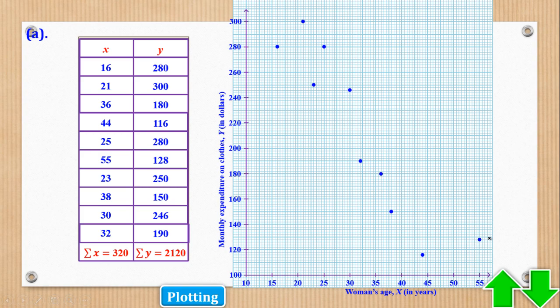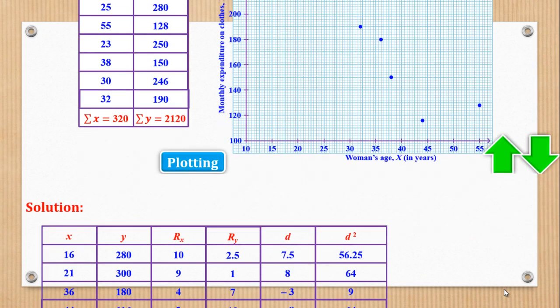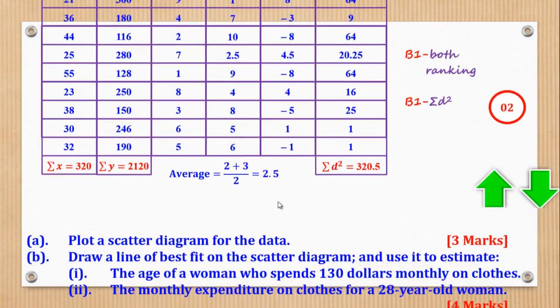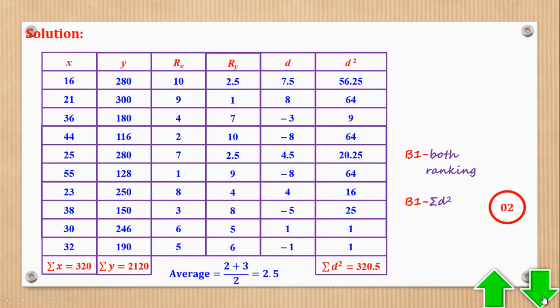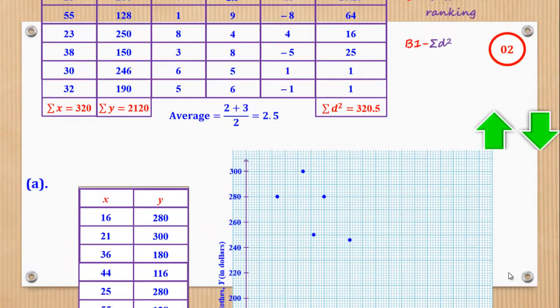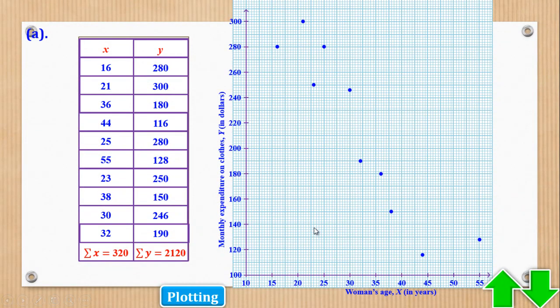But part B, let's first go to part B. Part B says draw a line of best fit on the scatter diagram and use it to estimate. So let's first draw a line of best fit. Now, line of best fit has three conditions to meet. One, it must pass through the mean point.